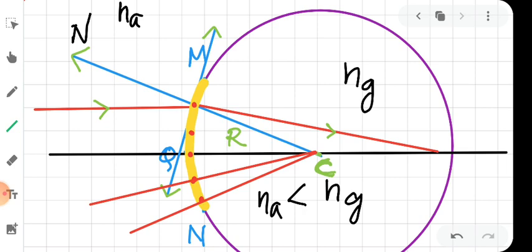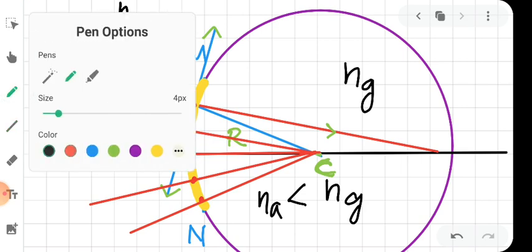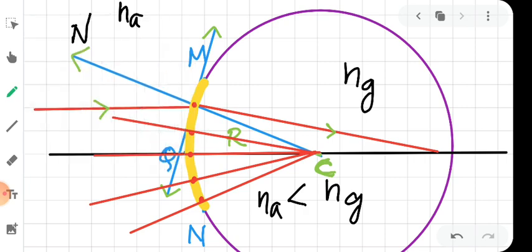Every normal you draw, see, the normal you draw through the principal axis is actually the principal axis itself. So it meets at the center of curvature. Every normal to the interface is in fact going to meet or coincide at the center of curvature of the given interface.